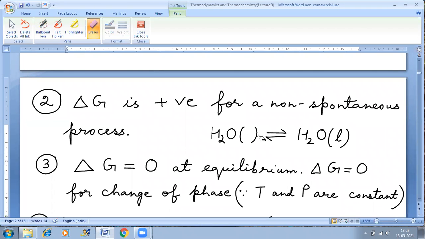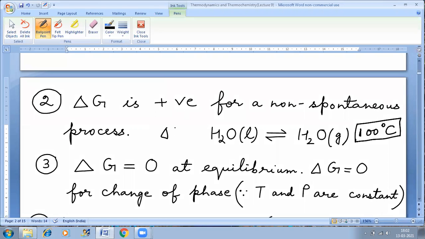Okay. Similarly, if I show you this process, H2O liquid to H2O gas, that is vaporization of water, and if this process is occurring at 100 degrees Celsius, liquid water is getting converted to steam.